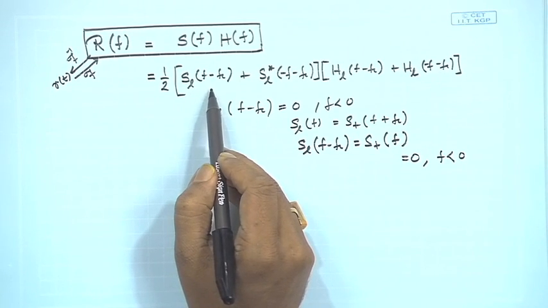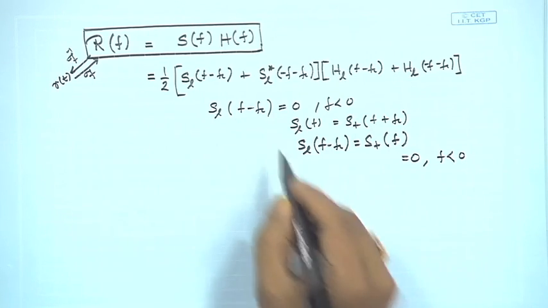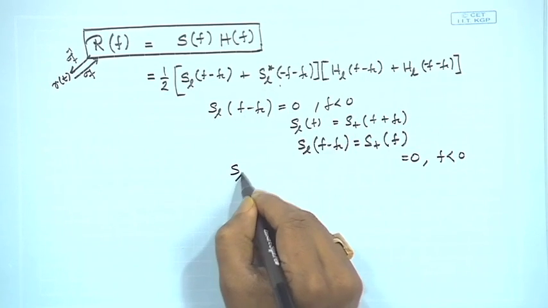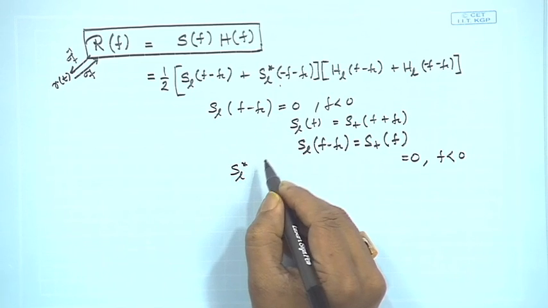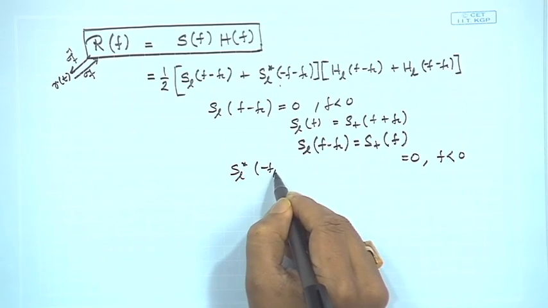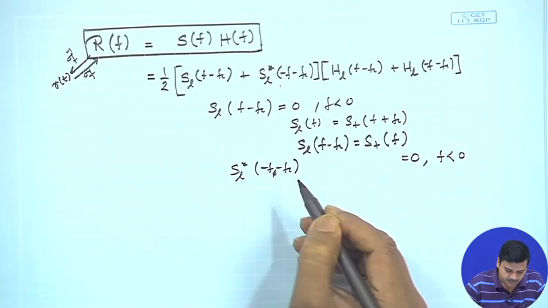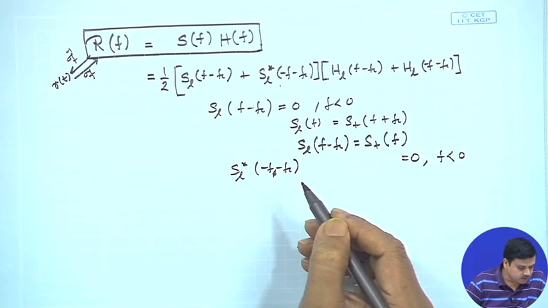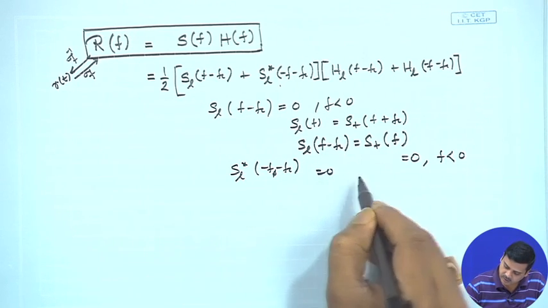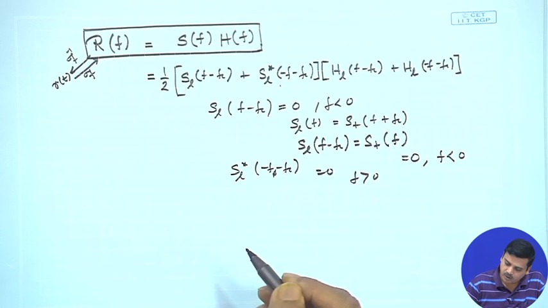for f less than 0. Similarly, if you would take this one, S_L(minus f minus f_c), this value is also 0 for f greater than 0. That means very, very small, you could say.